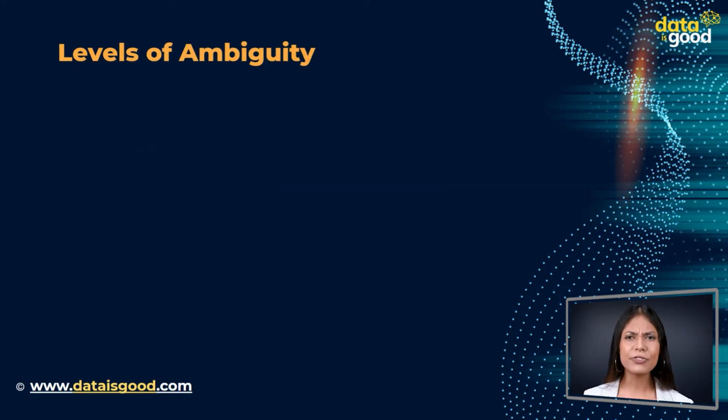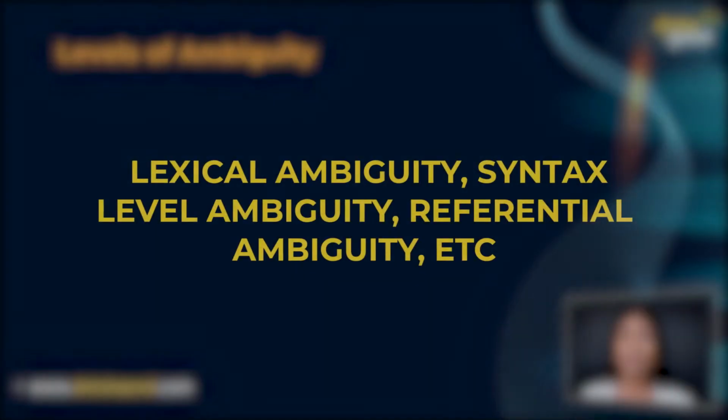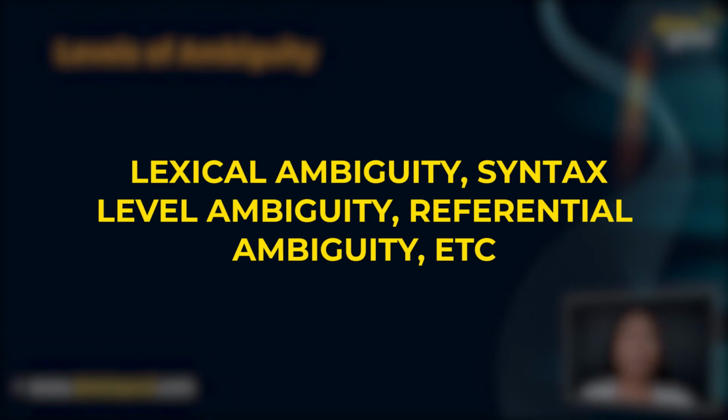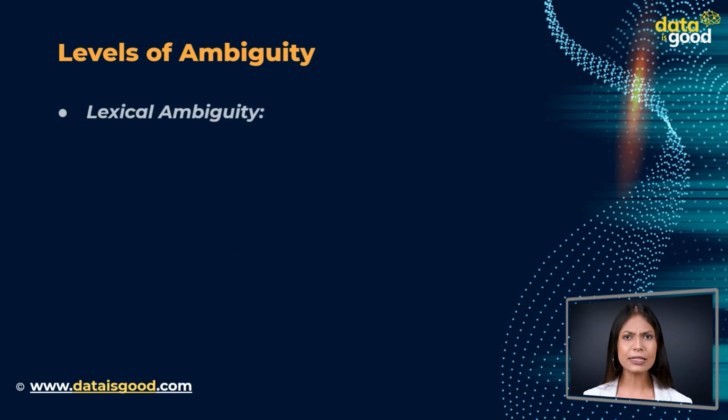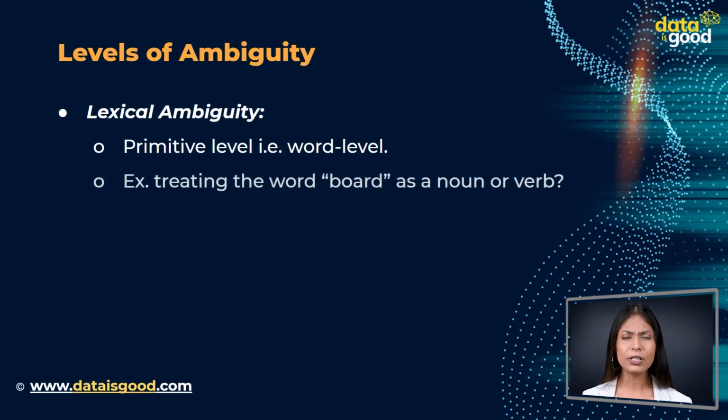There can be different levels of ambiguity, like lexical ambiguity, syntax level ambiguity, referential ambiguity, etc. Now, lexical ambiguity is a very primitive level, such as word level. For example, treating the word boat as a noun or a verb.